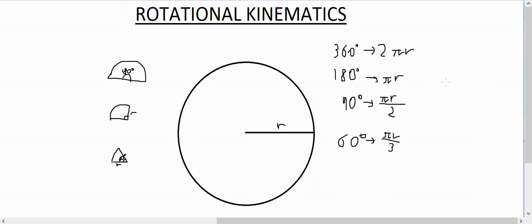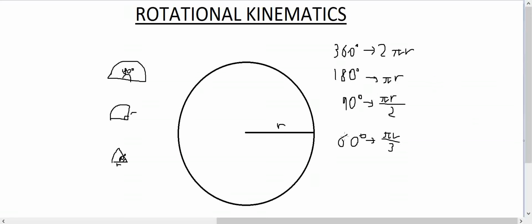Okay, so if you have a sector that's 360 degrees, the circumference, the outer length, is 2 pi r. For 180 degrees, the outer length is pi r. For 90 degrees, it is pi r over 2. And for 60 degrees, it's pi r over 3.